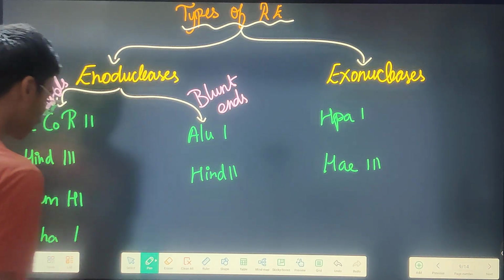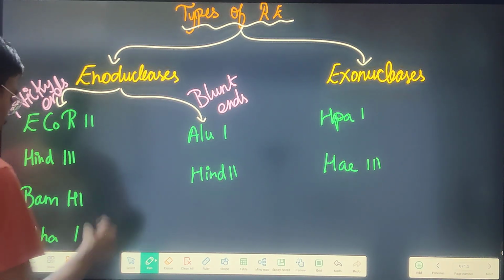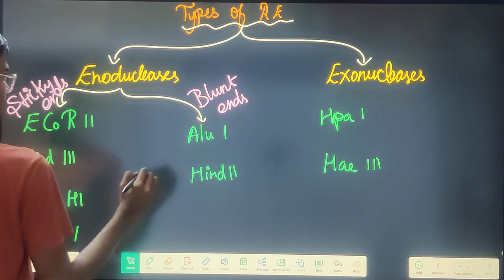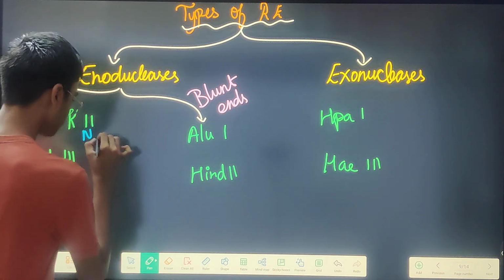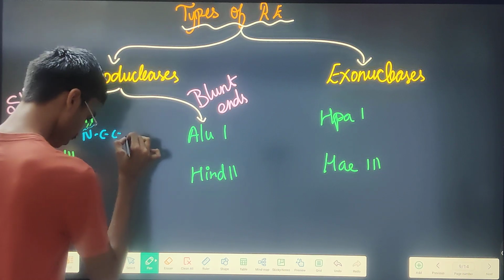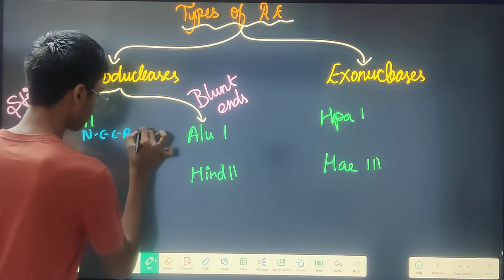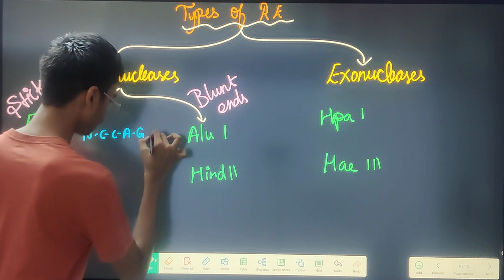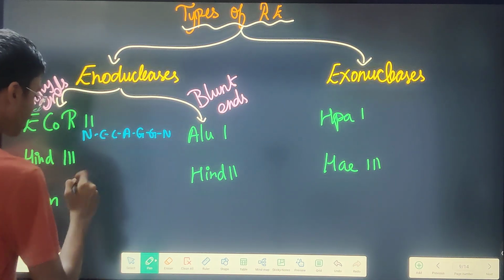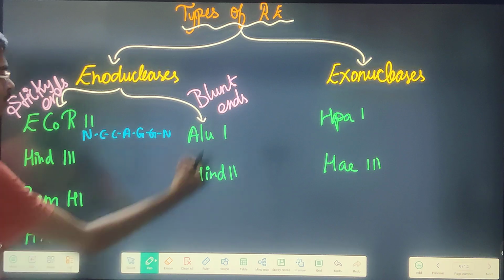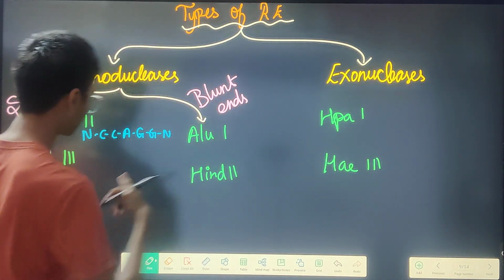So we are having EcoRI. The best example that we can give is NCC AGGN. Since these are all palindromic sequences, first I will write only one sequence.